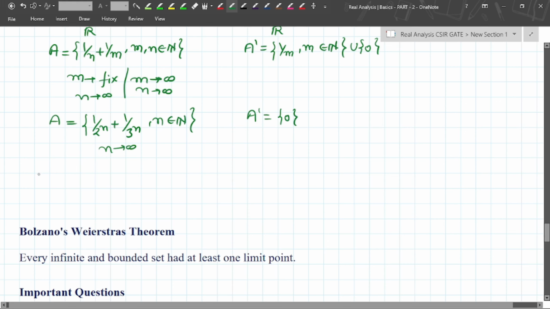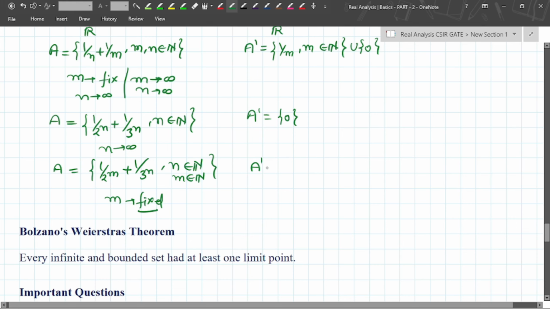Now see, if it is like this, 1 upon 2 power m plus 1 upon 3 power n, where n belongs to natural numbers and m also belongs to natural numbers. Then in this case, let's say my m is fixed.